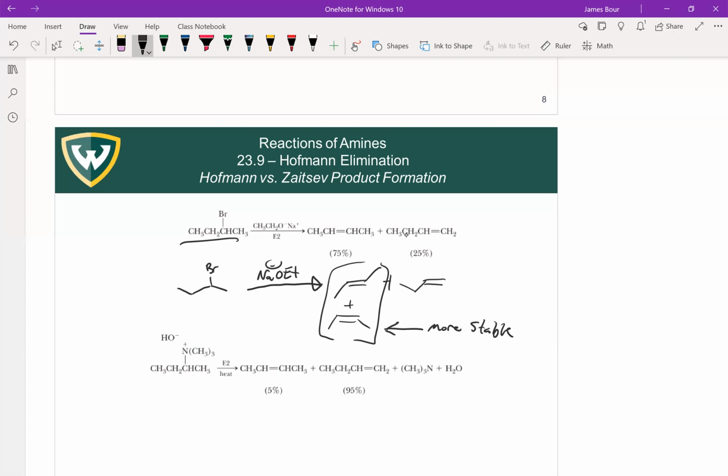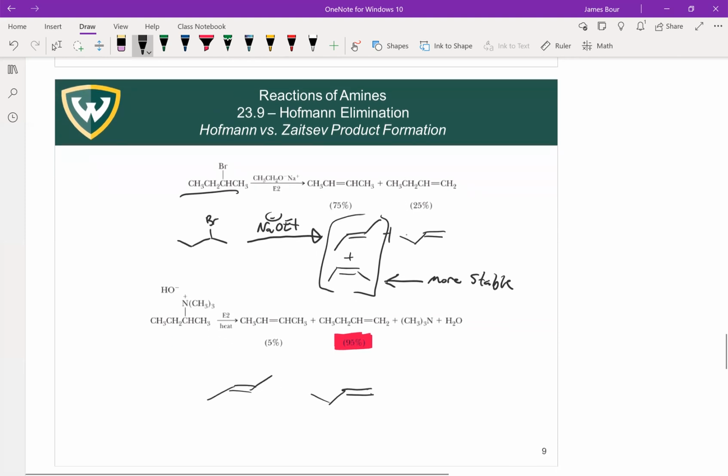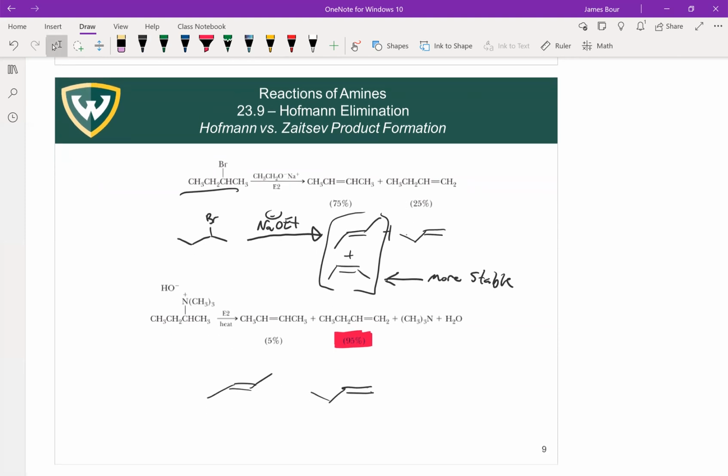An interesting part of the Hofmann elimination is that this reaction forms way more of the primary alkene. So the Hofmann elimination is unique in this respect. If you need to make a primary alkene, you might work on the secondary amine.